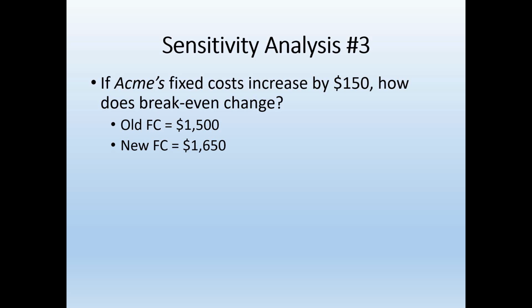How does that affect the firm's ability to break even? First, we have to compute the contribution margin per unit. Since there's been no change in the selling price or the variable cost per unit, there's been no change in the contribution margin per unit.